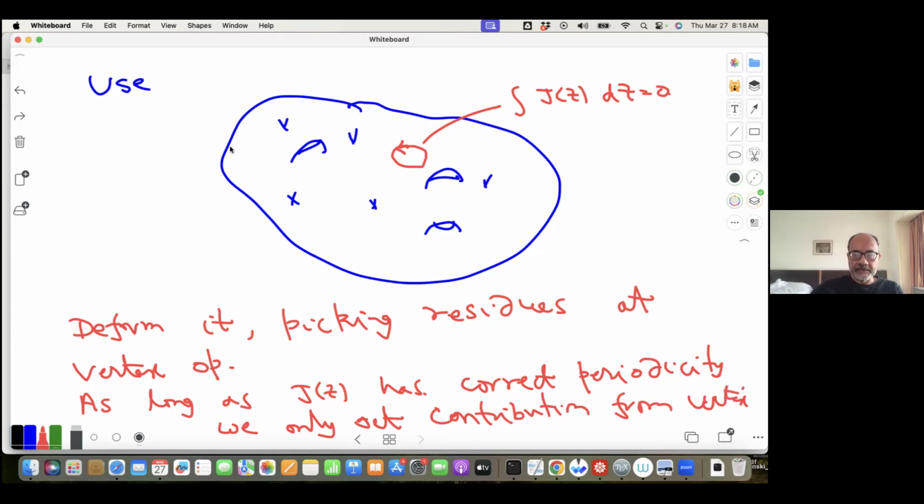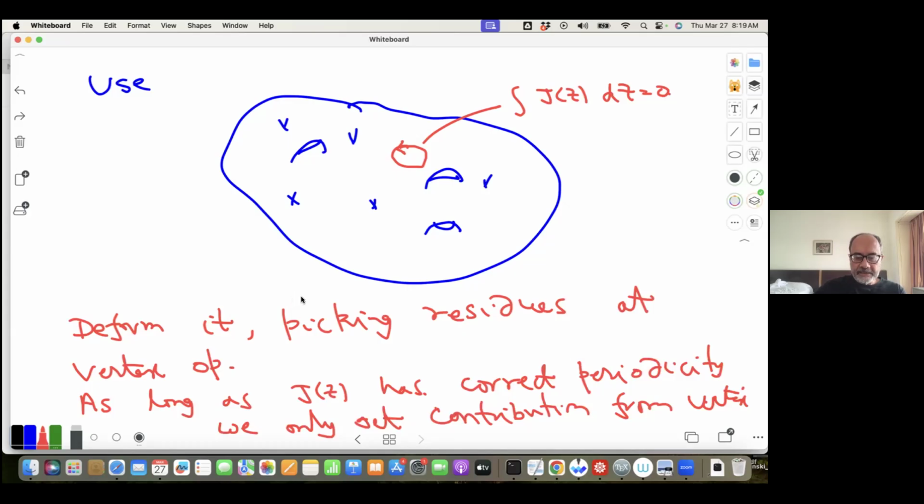The handle doesn't really make a difference. You can just wrap around the handle and move it around one cycle and make it cancel the earlier contribution.